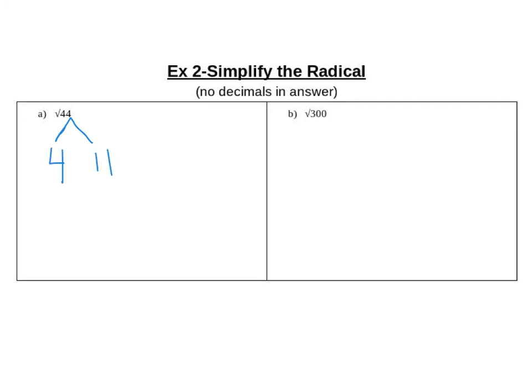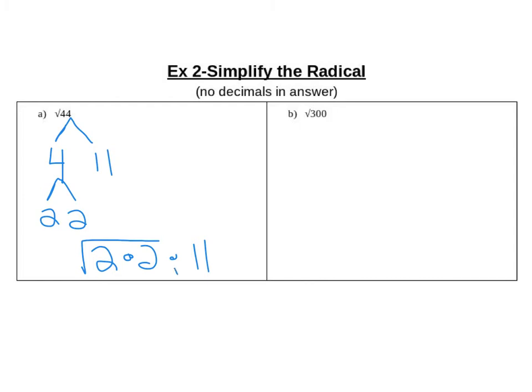If we break it down into 4 and 11, that 4 is probably jumping out at you as a perfect square, because we can break that up into 2 times 2 times 11. Now remember, this is all under that square root.